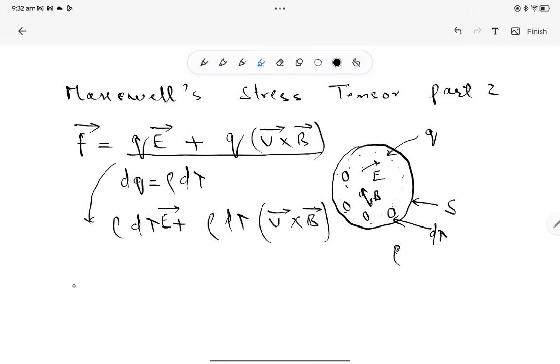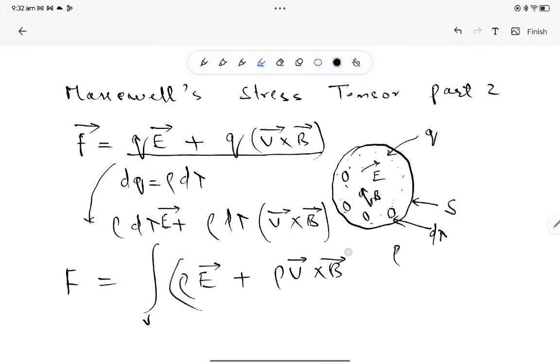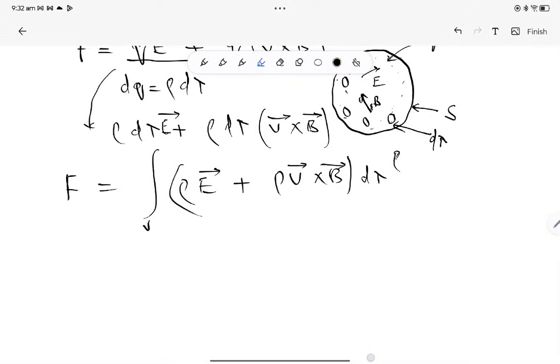Now the total force, if we denote that by F, will be the volume integral of rho E plus rho V cross B, taking d tau common. Now rho V you can easily recognize.